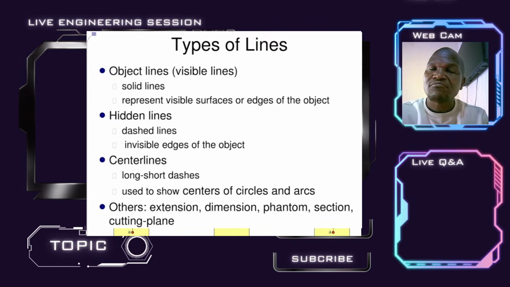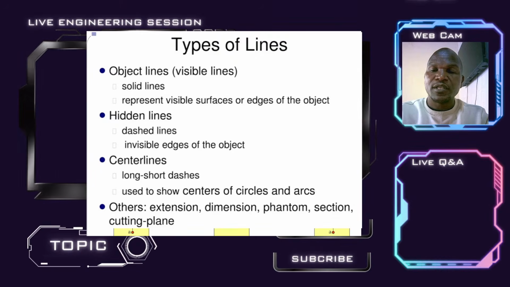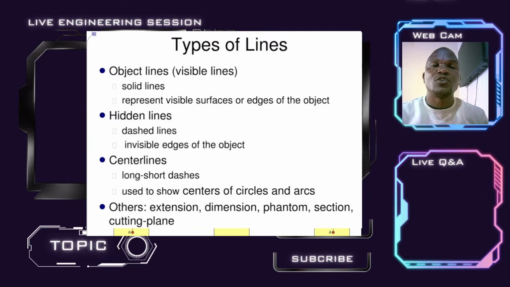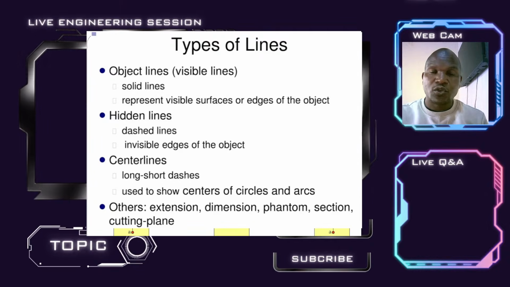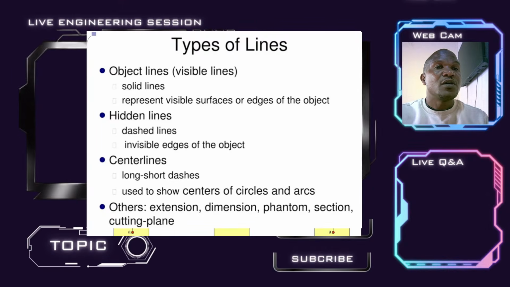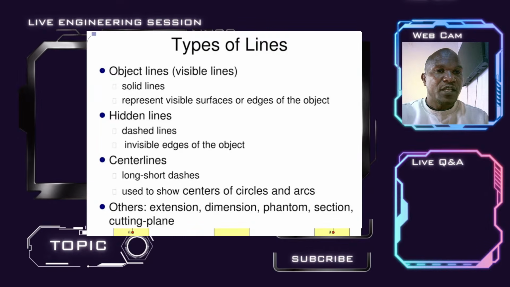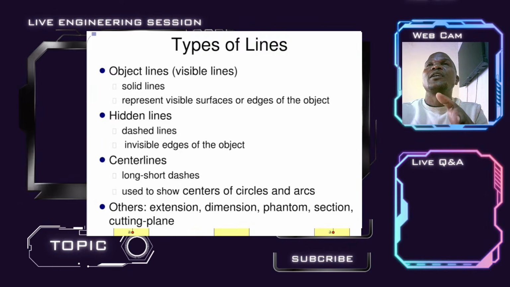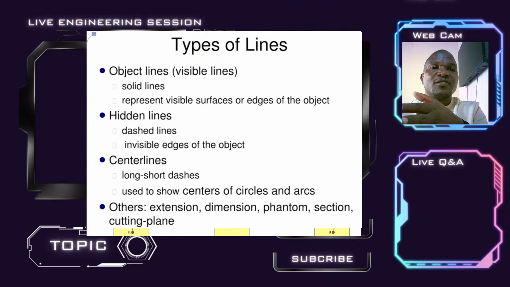So H is a good pencil that you can use to draw construction lines. Construction lines are just guidelines to help you before you draw solid lines, which are visible and darkened. Hidden lines are what you call dashed lines.